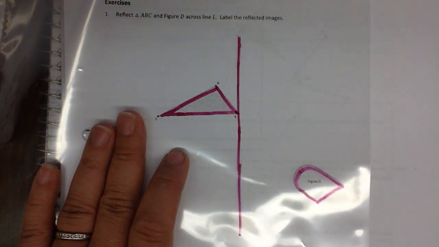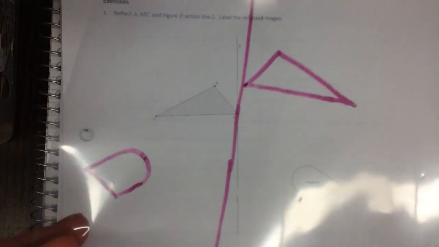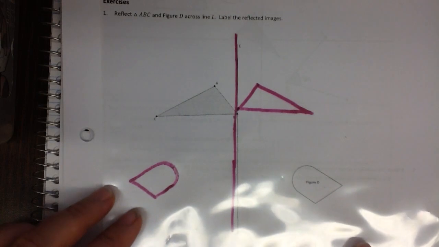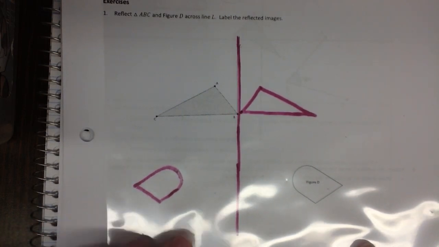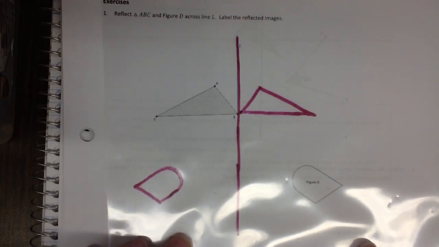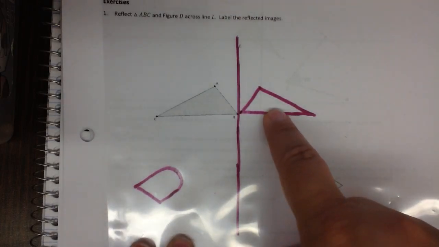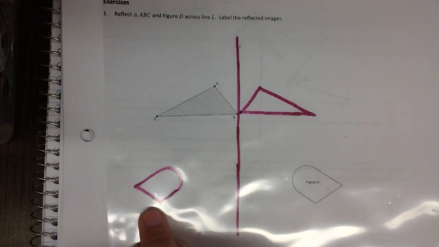Okay, so what we're going to do is take this and literally flip it over like this. You line up your line of reflection as best you can. And then you would have a triangle now on the right and figure D on the left.